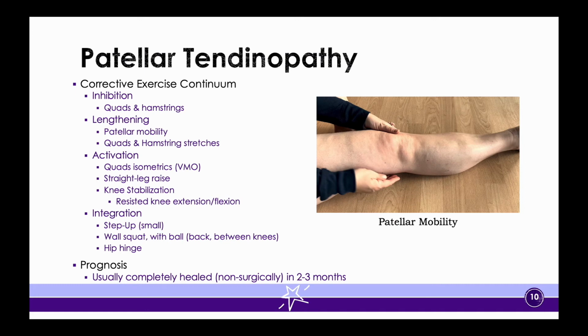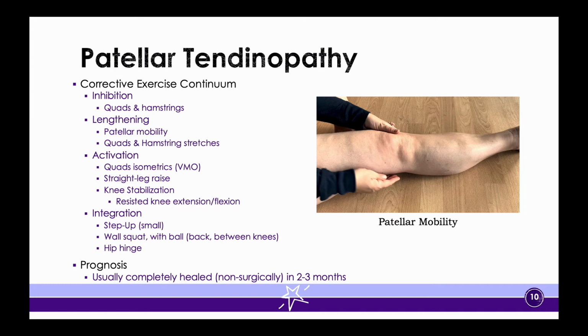After we've activated the muscles that we are wanting to make sure that we're strengthening and kind of primed that motor unit to be able to fire and build up strength in those over time, we can start integrating with more complex movements, such as like doing a step up or doing a wall squat and having your back against the wall and the ball between your knees, and doing squats that way.